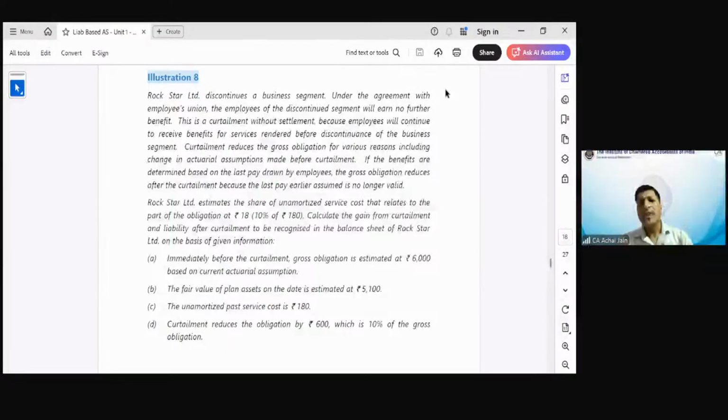Okay, so now let's try to understand what is this curtailment, what is this unamortized past service cost, what is this gross obligation. All of these points we'll try to understand with the help of this example. I'll just take you to the solution, and while solving that, we'll look into all of these aspects and also around this concept.